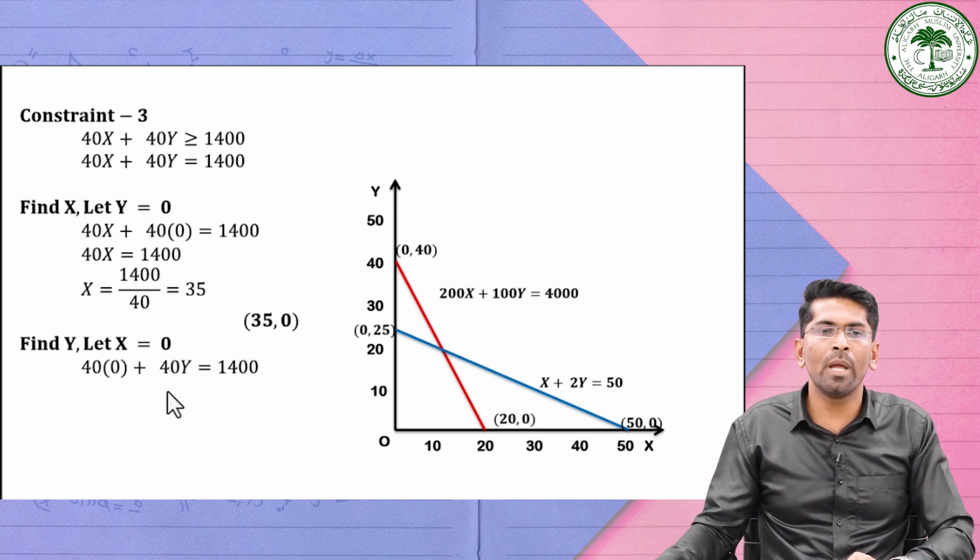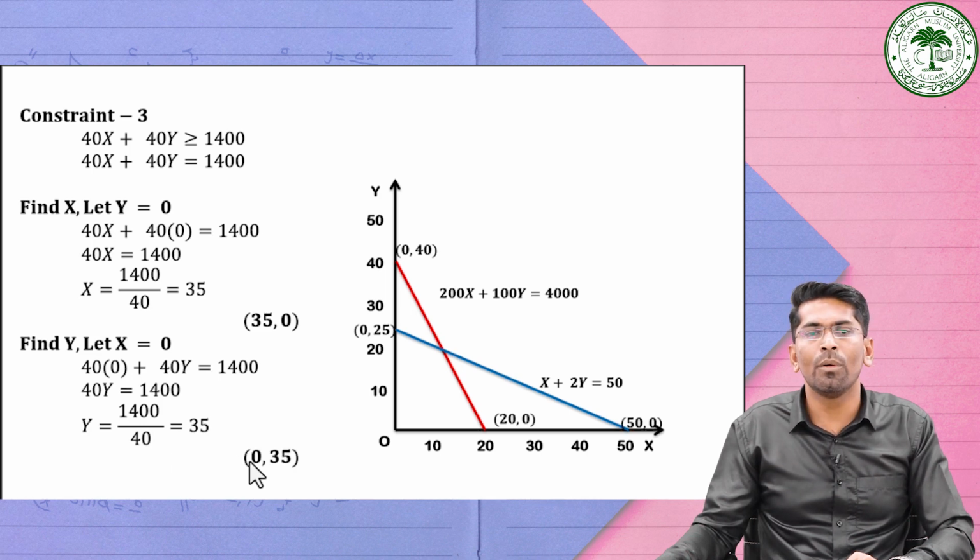Multiplying, this term will become 0, then 40y is equal to 1400. Dividing both sides of the equation by 40, y is equal to 1400 divided by 40, which is equal to 35. So when x is equal to 0, the value of y is equal to 35. Similarly here also, when y is equal to 0, x is equal to 35.